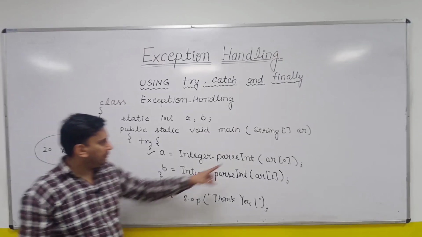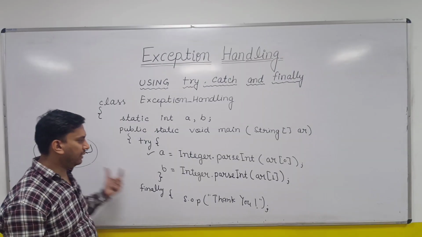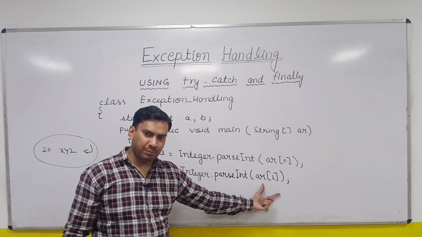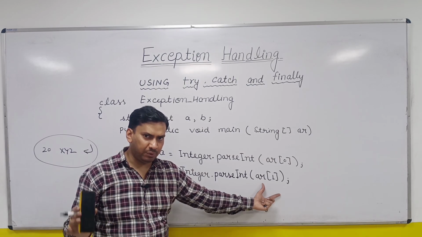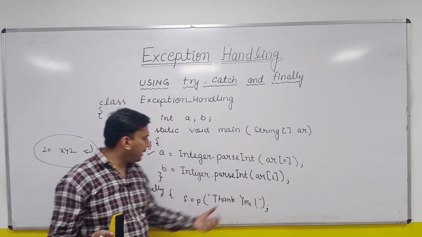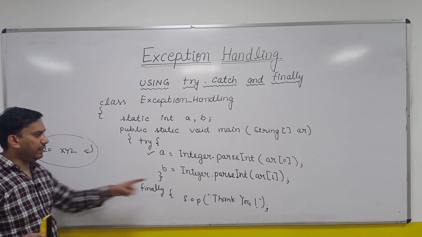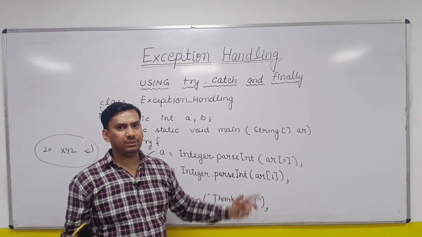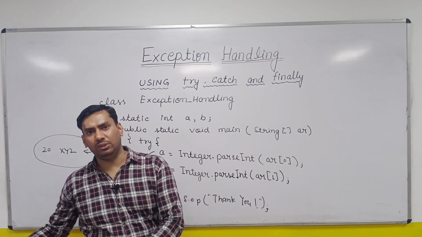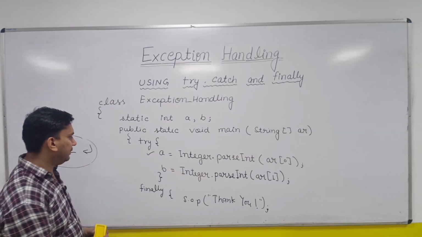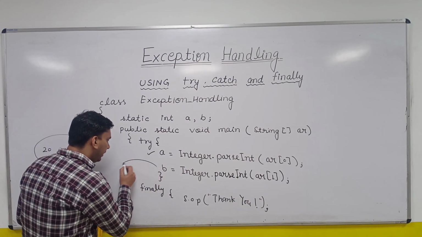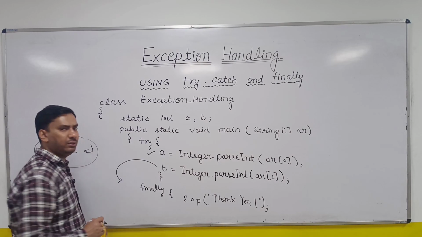Then second line, second input is XYZ. XYZ will be stored in AR1. Means array index out of bounds exception is not possible. But it will try to convert XYZ into int. So it is not possible. XYZ is not compatible with int. So it will give you number format exception.